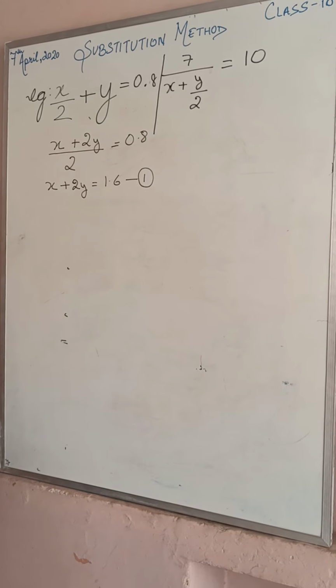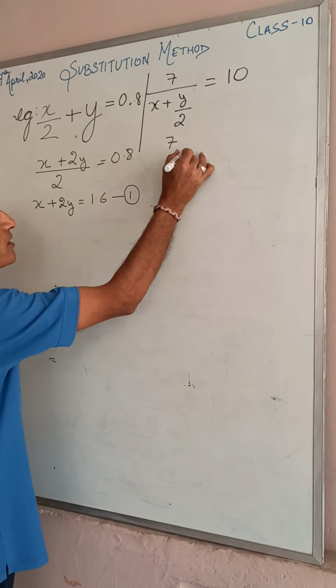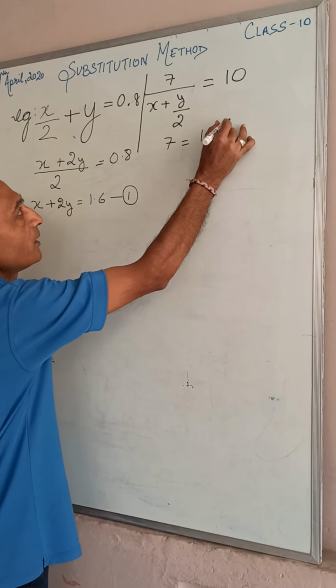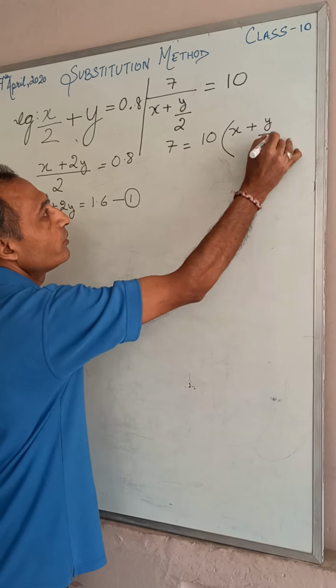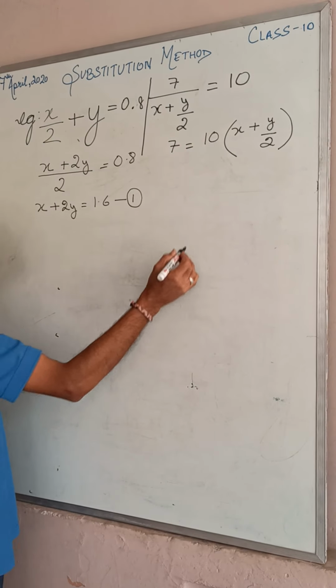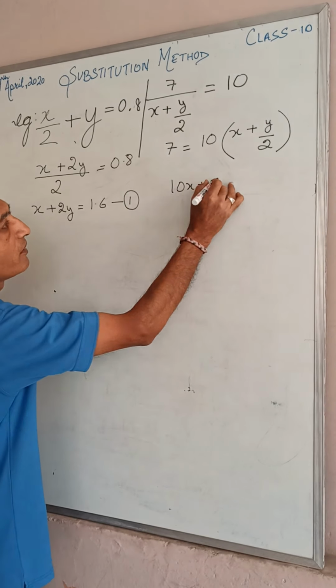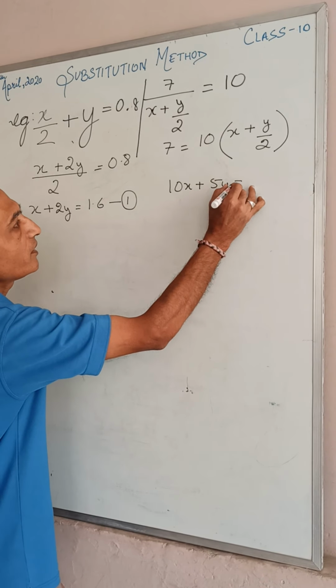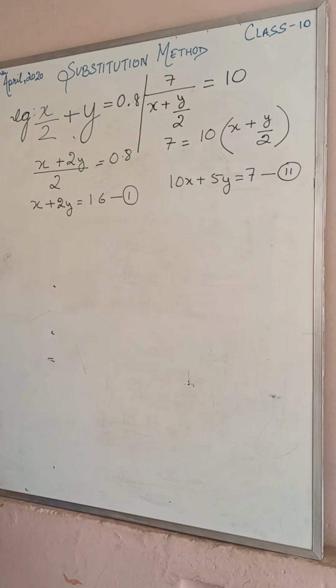Now let's simplify the second one. First, let's cross multiply. I get 7 equals 10, and in bracket I have x plus y upon 2. If I open this bracket, I get 10x plus 5y equals 7, which I mark as equation 2.